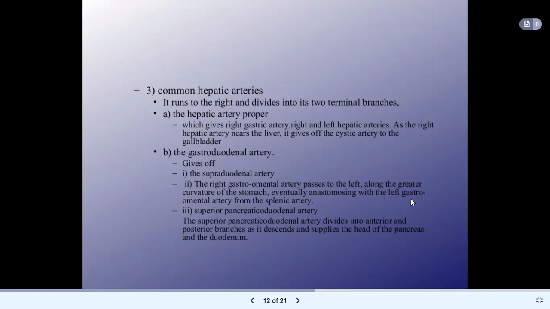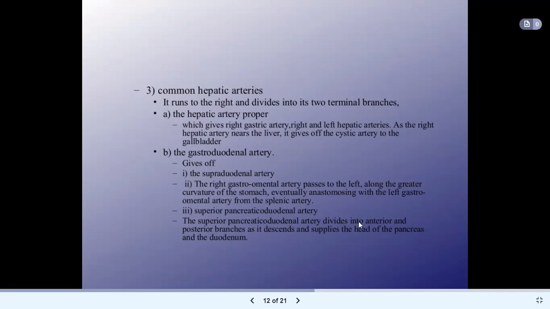Eventually, it anastomoses with the left gastro-omental artery from the splenic artery. So the right gastro-omental artery from the gastroduodenal artery anastomoses with the left gastro-omental artery from the splenic artery to supply the greater curvature of the stomach. And then the third branch of the gastroduodenal artery is the superior pancreaticoduodenal artery.